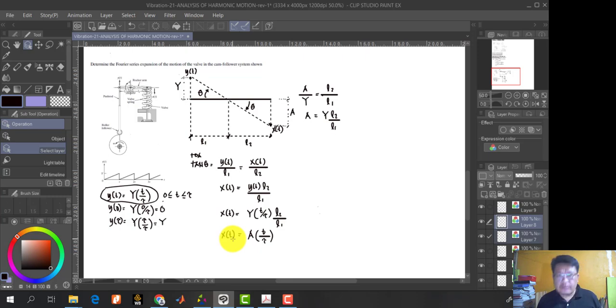Take note, a function is like a machine. Every time we enter a value here, usually our variable here is time. That's why we write x is a function of time. So your variable is your time. Every time I change the value of time, it gives me the x, not actually the amplitude, but the x.